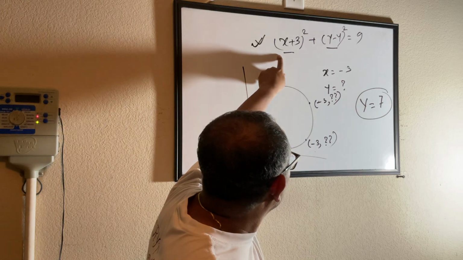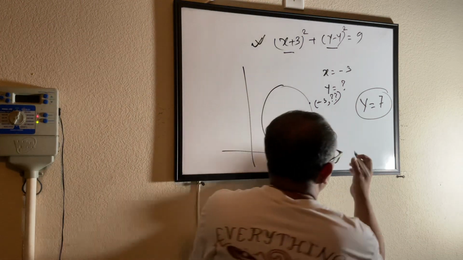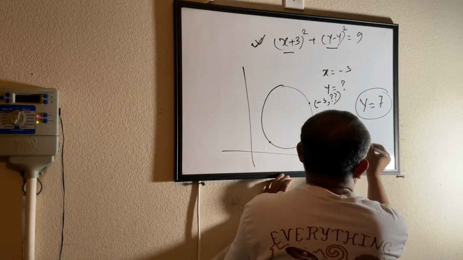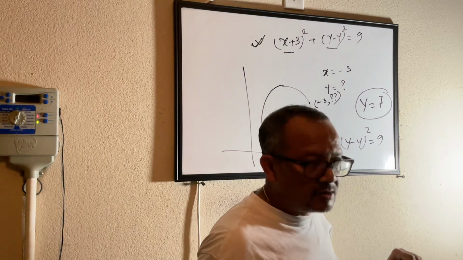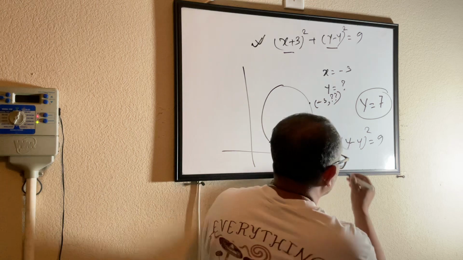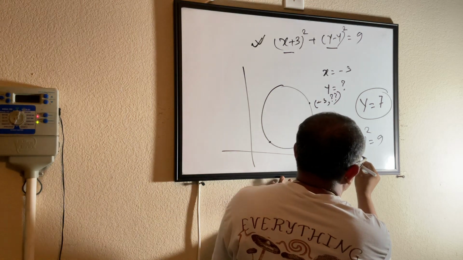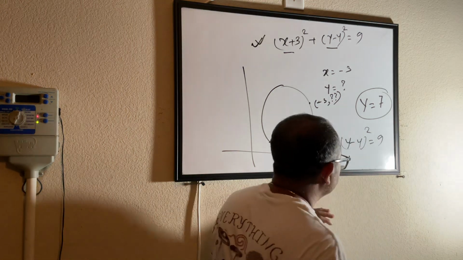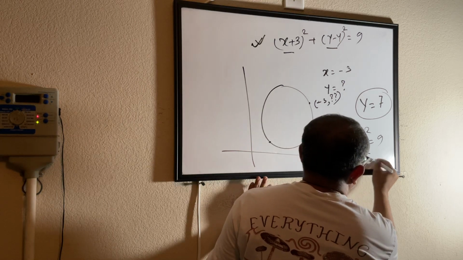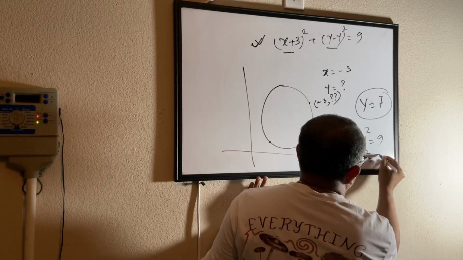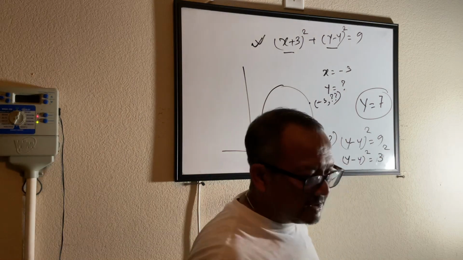And then y minus 4 squared has to be equal to 9. Since I know that 3 squared equals 9, I can just make y equal to 7. 7 minus 4 is 3 squared equals 9. That's how you arrived at it?